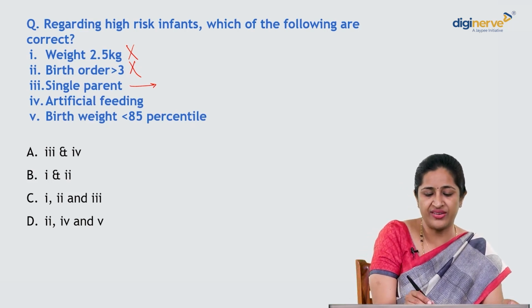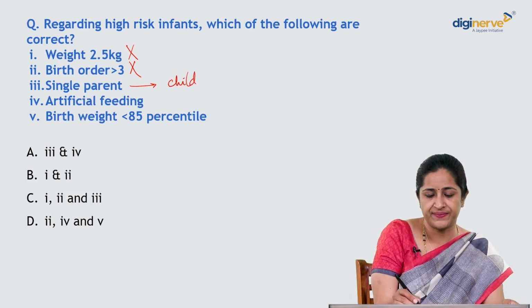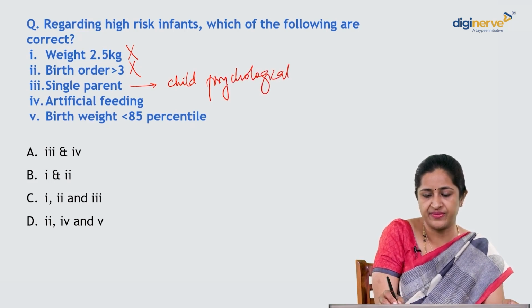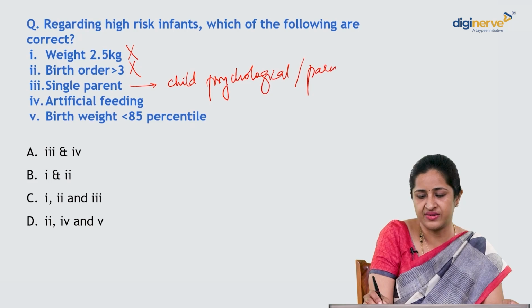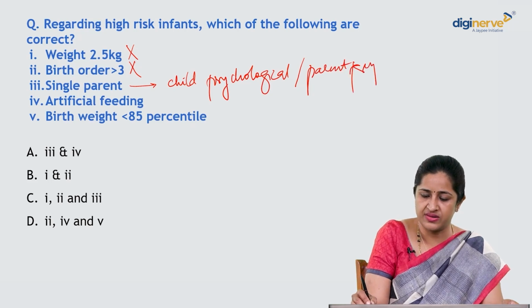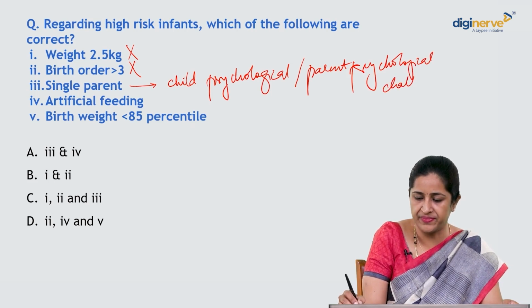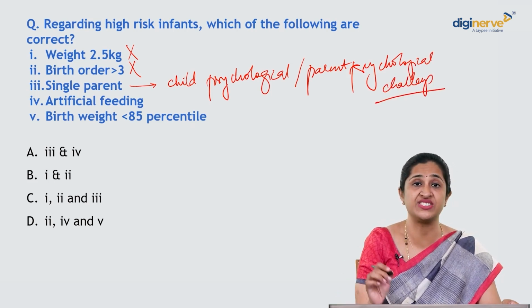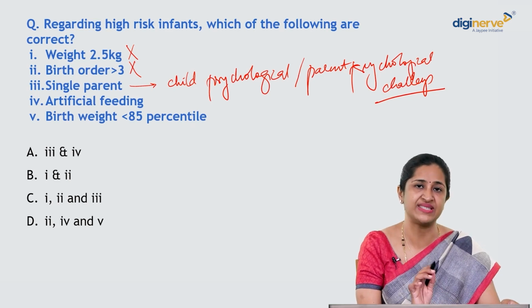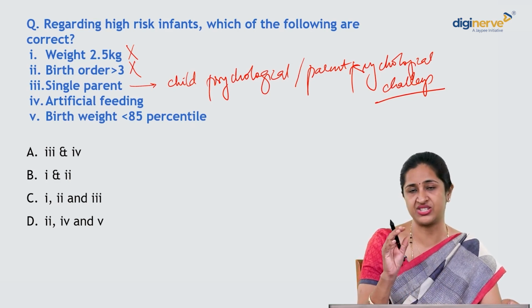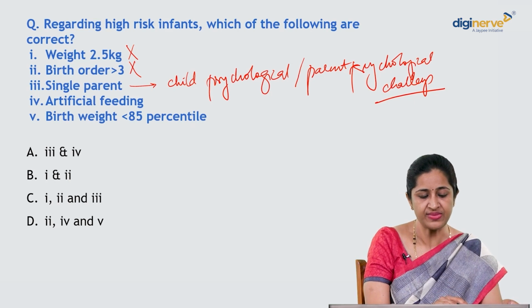So these are all psychological challenges for the child and parent. As the child grows up, these challenges do exist. So yes, having a single parent can make that child a high-risk infant.